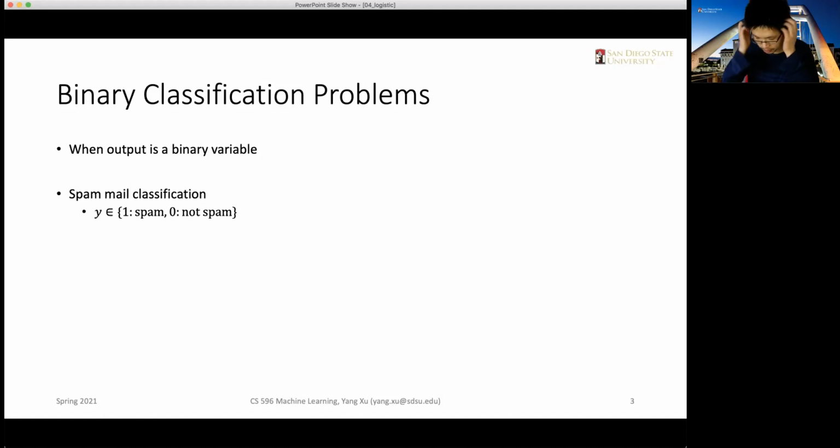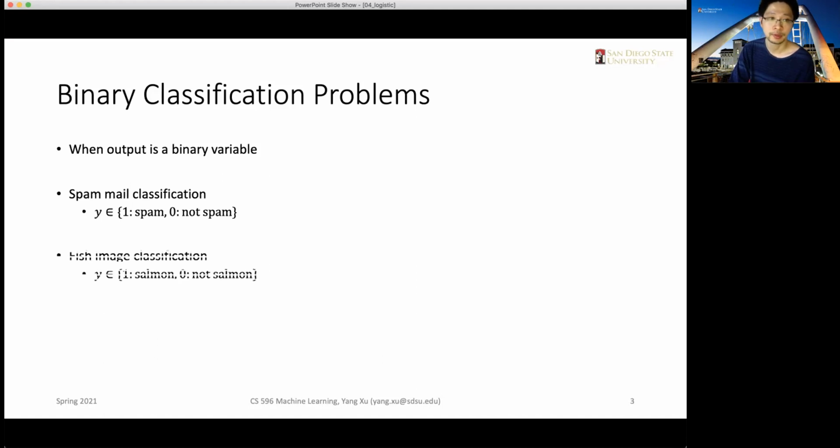Okay, so it's different from the linear regression models. In the linear regression model, it's basically a regression model that has a continuous number as the output variable that we wish to predict, like the house price, like the GPAs of students, and it's quite a different scenario in binary classes.